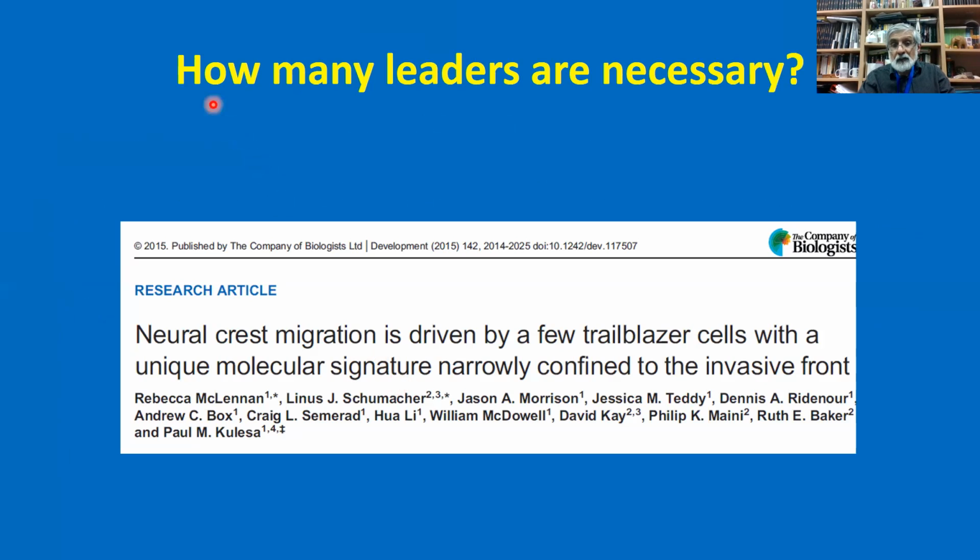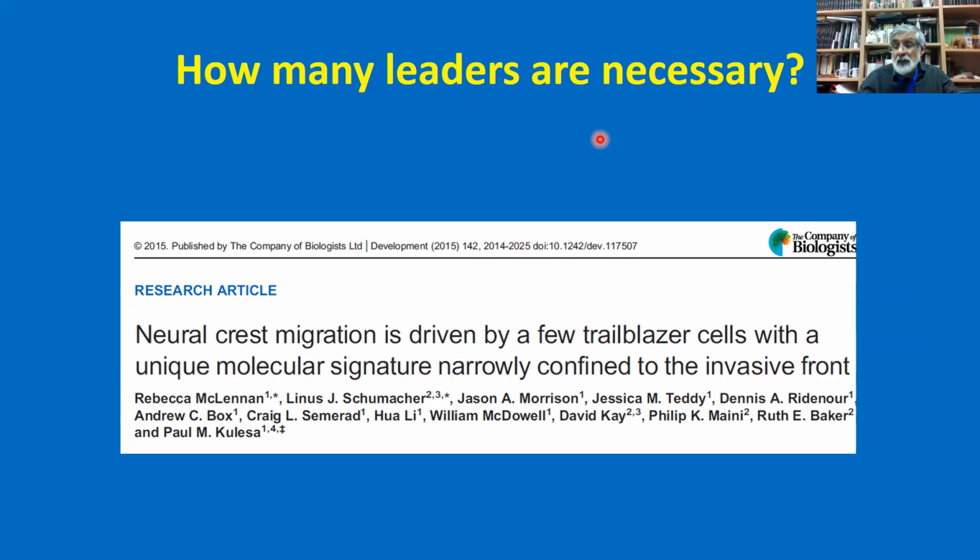One question we were asked was how many leaders are necessary? Now, because our model is not calibrated with experimental data, we can't make such quantitative predictions. But what we can do is make a qualitative prediction of what happens if you increase or decrease the number of cells.